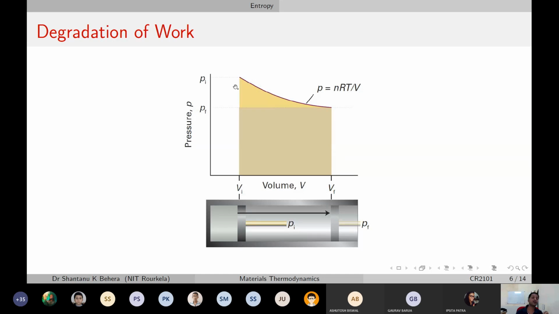If I carry out the transition from PI-VI to PF-VF in 10 different steps, or 20, or 100 steps, the work output is going to be slightly different from each other. If there are so many differences between the completely reversible process and the irreversible process, then there has to be some measurement to quantify how irreversible the process is.